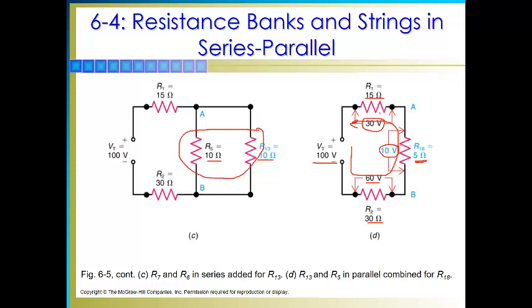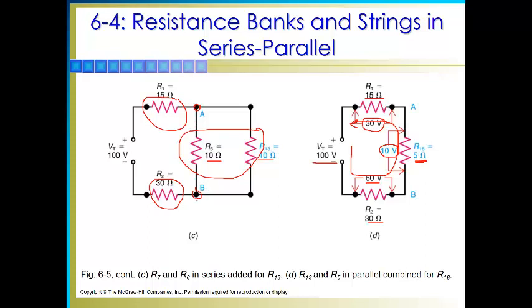So now we know that there are 30 volts across this one right here, and 60 volts across this one right here. So between this point and this point, we have the difference, which is 10 volts. So the difference between A and B will be 10 volts.